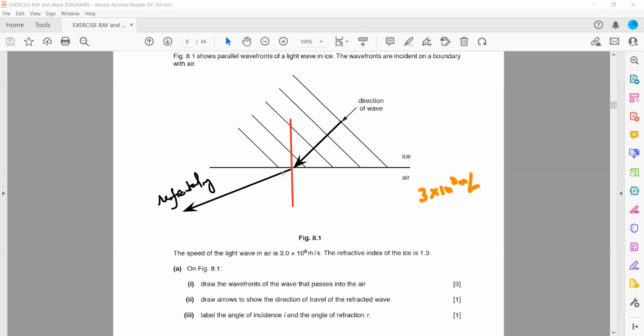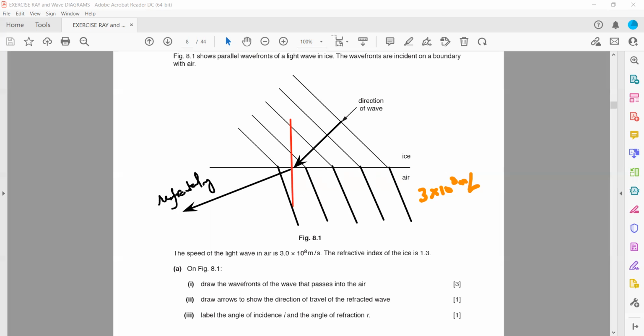The direction of the refracted ray and the direction of the wavefronts are always 90 degrees. So we'll draw a perpendicular, and the wavefronts in air should be parallel to each other. So we are drawing the parallel lines, the wavefronts. Here the speed is increased, the wavelength also increased, but the frequency remained unchanged.